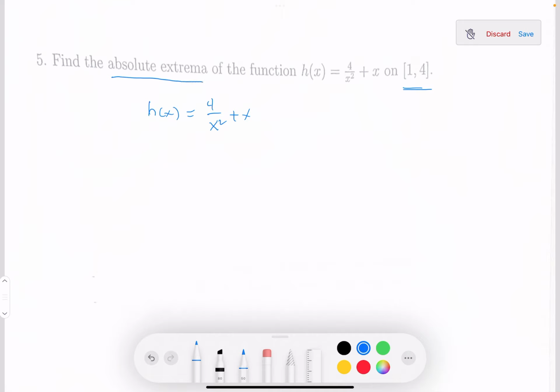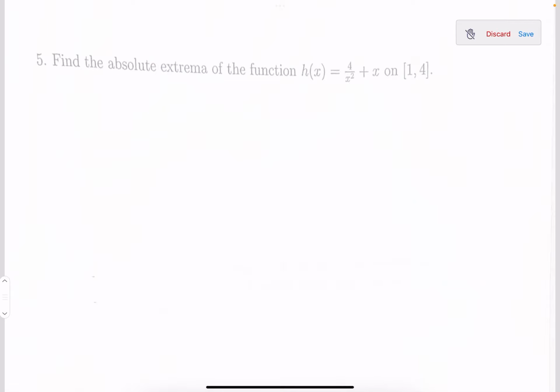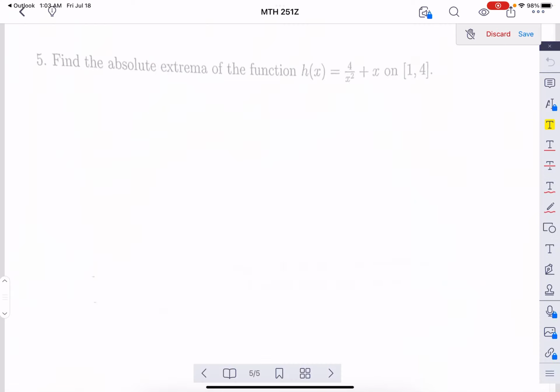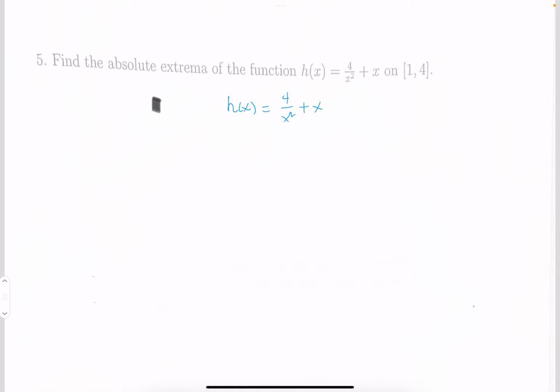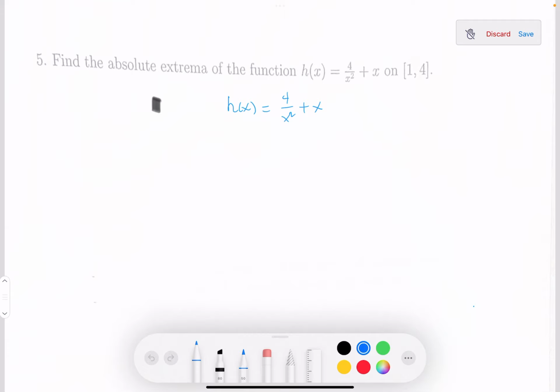Let's find the derivative of h(x). So the derivative of h(x), h dash x, is equivalent to 4x to the minus 2, plus x.